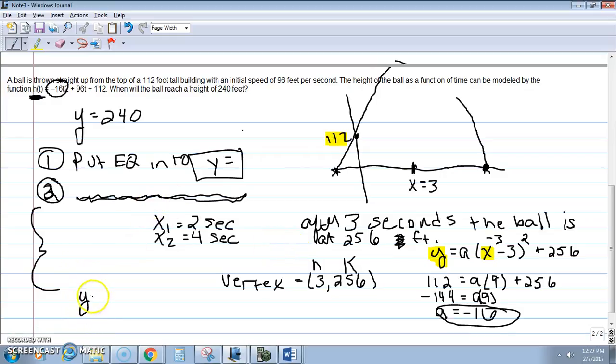Vertex form is going to be y equals negative 16 times x minus 3 squared plus 256. Okay, completing the square is going to have to be a different video yet again, and maybe we'll just do that at another time. But please try maybe using the calculator or just the way we did it factoring the first time, a few more of these.